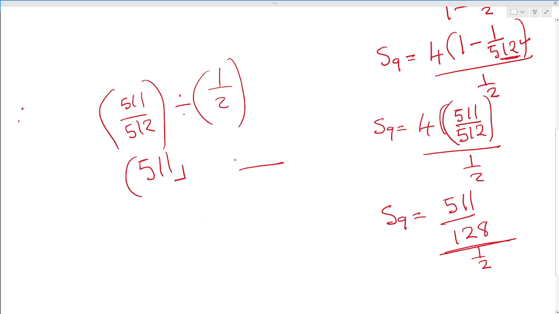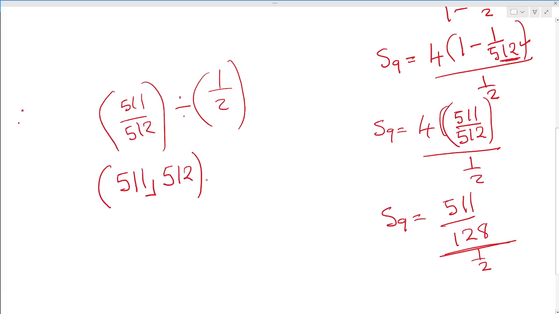Okay, so it's going to look like this. Let me try to write down how it's going to look. If you have the calculator nearby, just try it. So you open the bracket, then you say 511 over 512. You close the bracket, and then you say divided by. Again, open the bracket 1 over 2, and then you close the bracket.